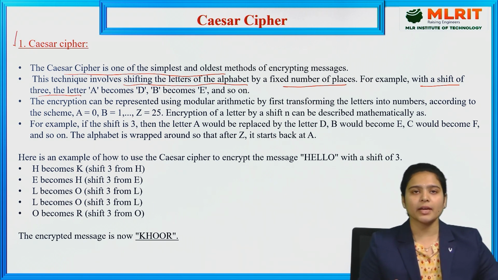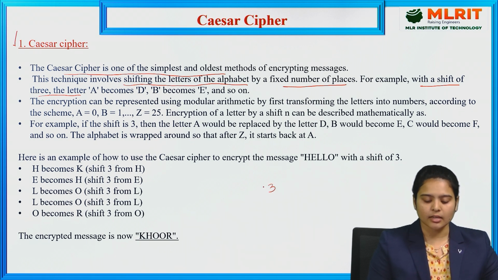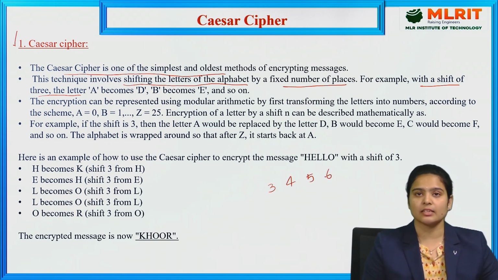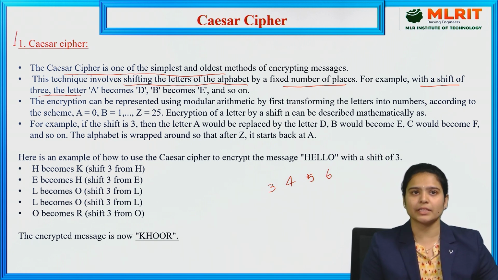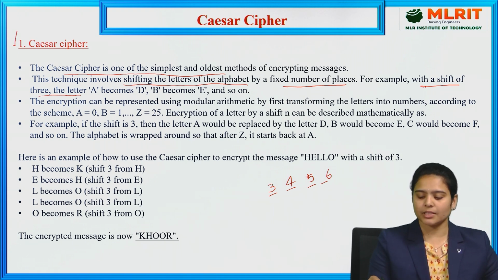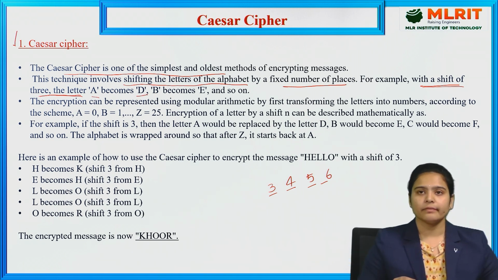Here we are taking 3, but we can take 4, 5 or 6, based on what the sender and receiver agree on. For example, with a shift of 3, the letter A becomes D.